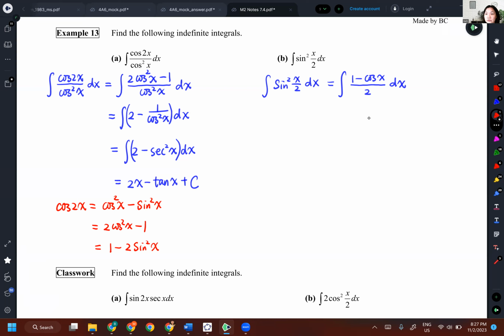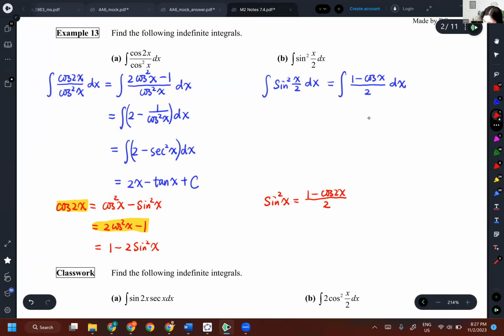In part A, I use the second one. But the reverse one is the opposite: sine x squared equals 1 minus cosine double angle divided by 2, and also cosine squared equals 1 plus cosine 2x divided by 2. And in part B, I'm using this one.